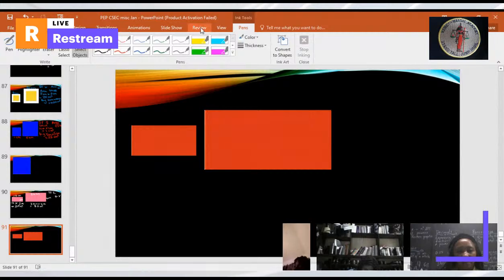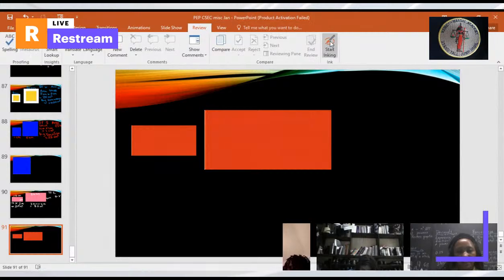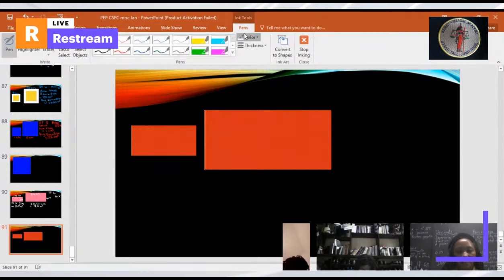All right, so let's say this is 15 meters, and that is 3 meters, using a scale factor of 4.